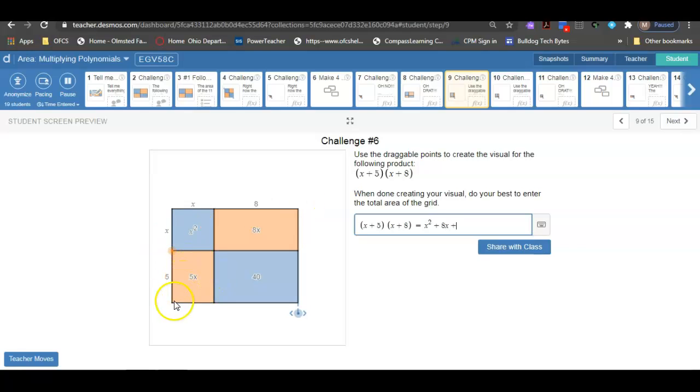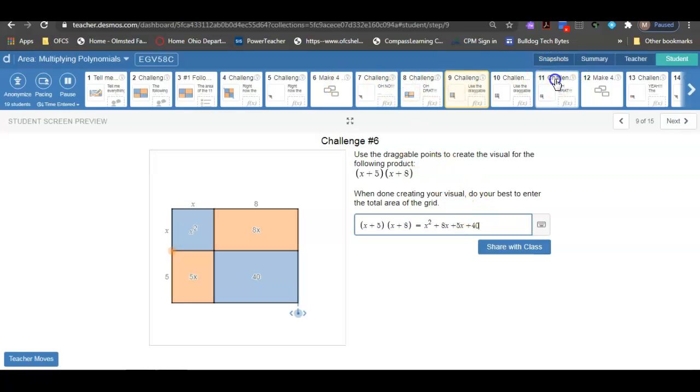The orange box on the bottom has dimensions of 5 and x. 5 times x gives me 5x. And then the last box here has a dimension of 5 vertically and 8 horizontally. 5 times 8 is 40. Again, we just represented the area as a product and as a sum.